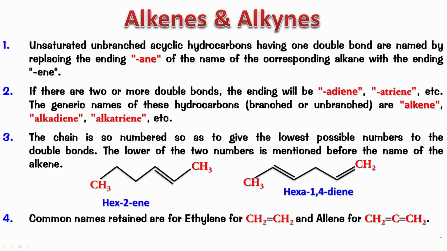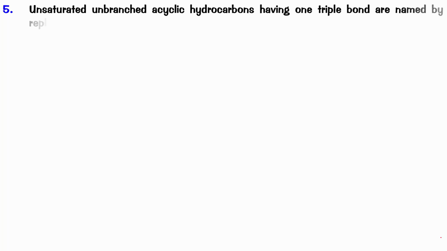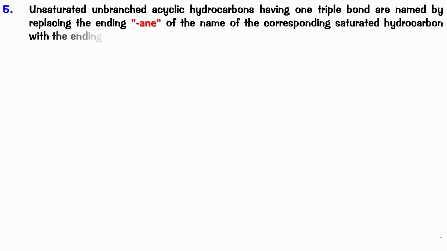Now, suppose you have something similar for alkynes. Now let's look at the triple bond. The ane of the alkane is replaced by yne. So unsaturated, unbranched acyclic hydrocarbons having one triple bond are named by replacing the ending ane of the name of the corresponding saturated hydrocarbon with the ending yne.